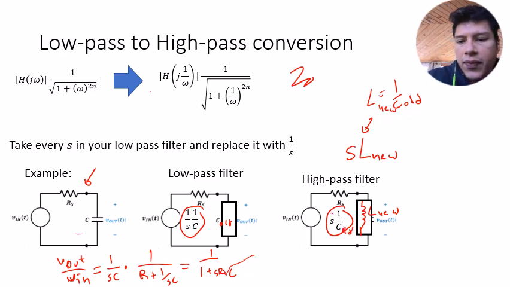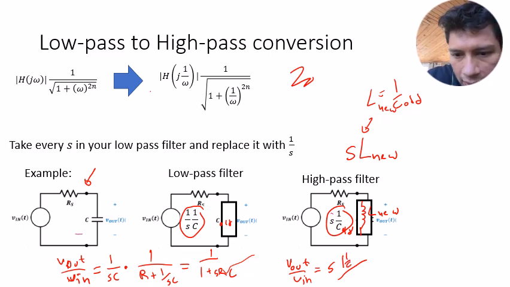Okay, what is the new transfer function? The new transfer function is V out over V in. This is still a voltage divider, so it's just going to be SL, or L is 1 over C, so I'm going to write 1 over C.